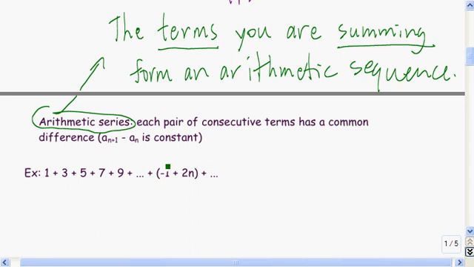Just a quick reminder about the terms of an arithmetic sequence: a sub n, the nth term, is equal to a sub 1, the first term, plus n minus 1 times the common difference.